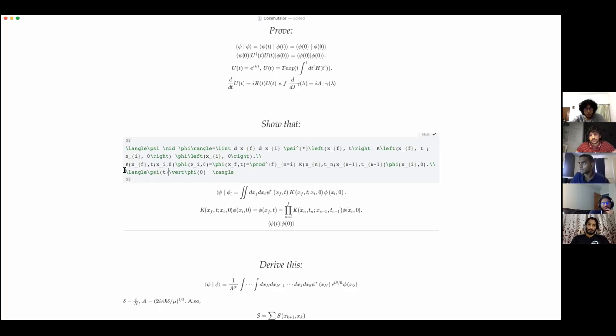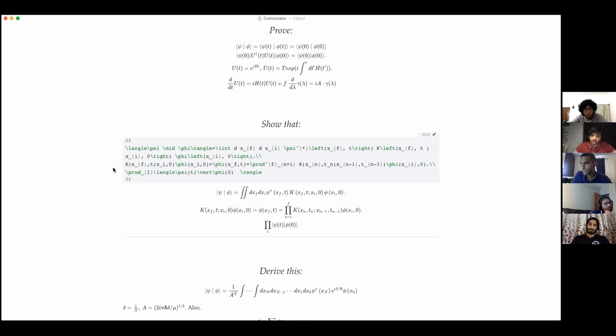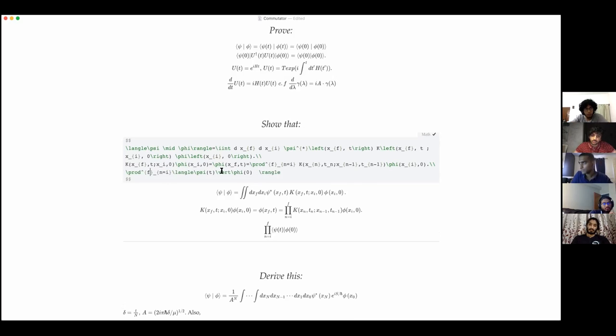So K, in other words, is going to be like the matrix elements of U. So in other words, we can take this product in the following way. And I want U of t sub n. This is just for lack of better notation.